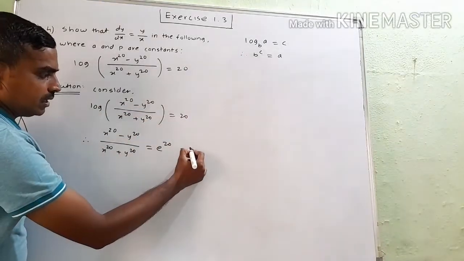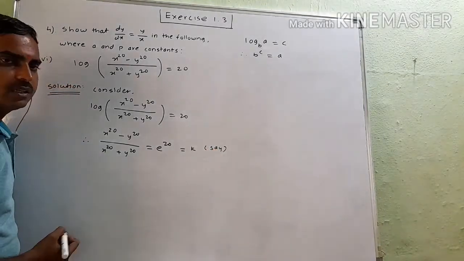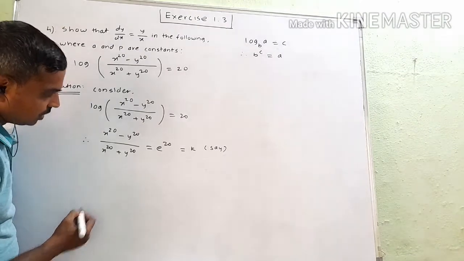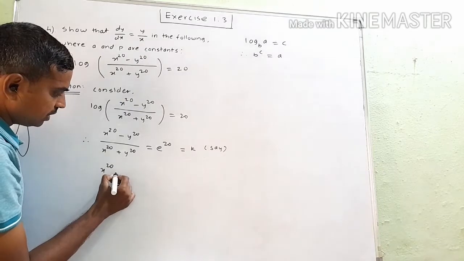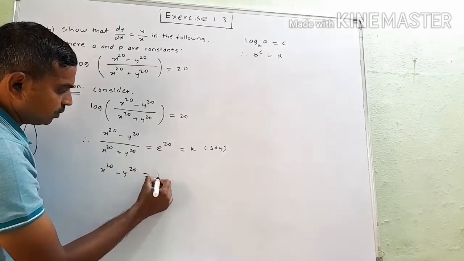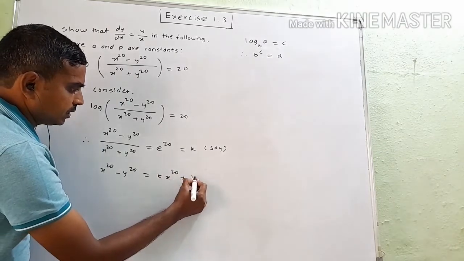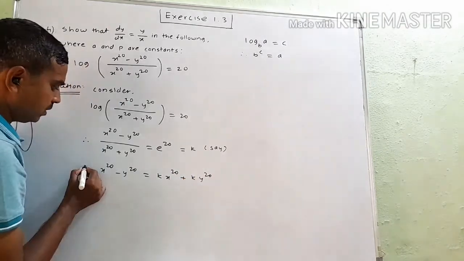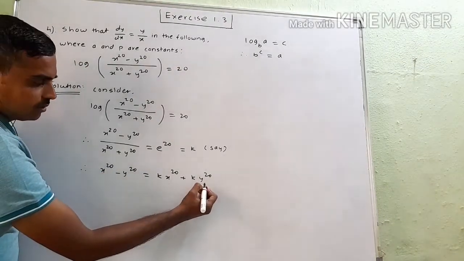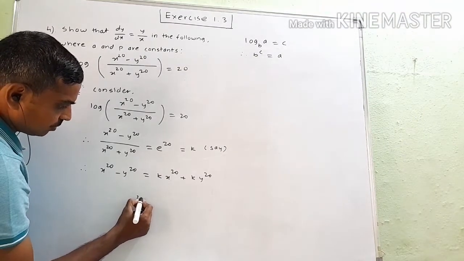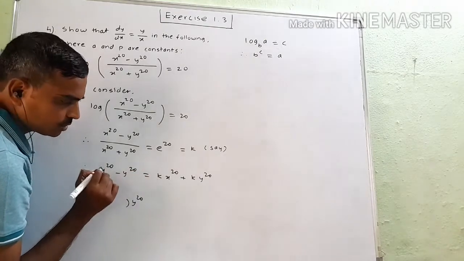Now like the previous example, we will write this as k, suppose. Now we will separate the terms of x raised to 20 and y raised to 20 by cross multiplying, or multiplying this term by k. So we get x raised to 20 minus y raised to 20 equal to k into x raised to 20 plus k into y raised to 20. Now we will collect the terms of y. If we take y raised to 20 as common, what will be the coefficient of y raised to 20?